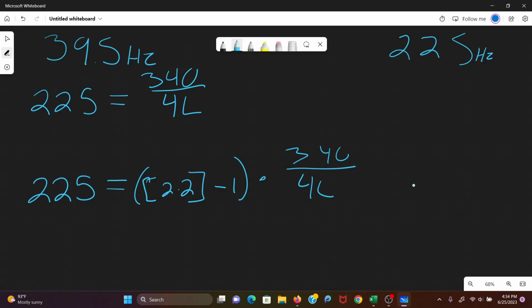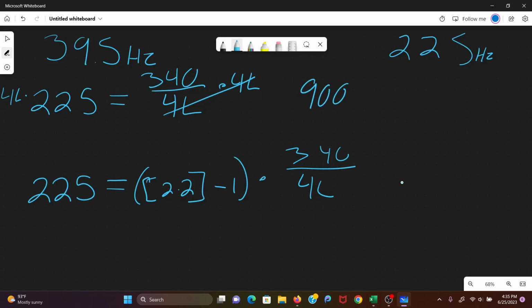All right. Up here on the first one, what we're going to do is multiply 4L by both sides. That's going to get rid of it over here, and you're going to have 4L times 225. We can simplify that by multiplying 225 by 4, which gives us 900.